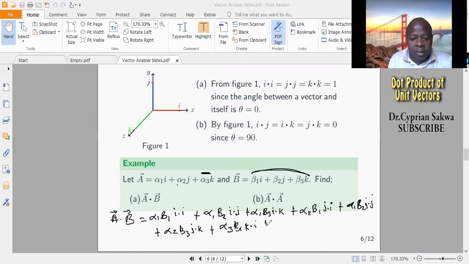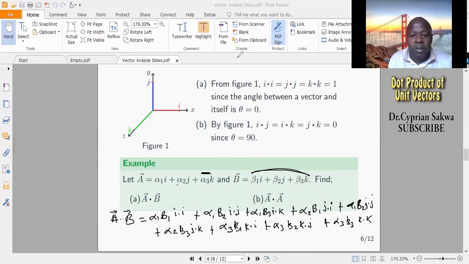And then the next one will be alpha 3 beta 2 k dot j. And then lastly alpha 3 beta 3 k dot k.